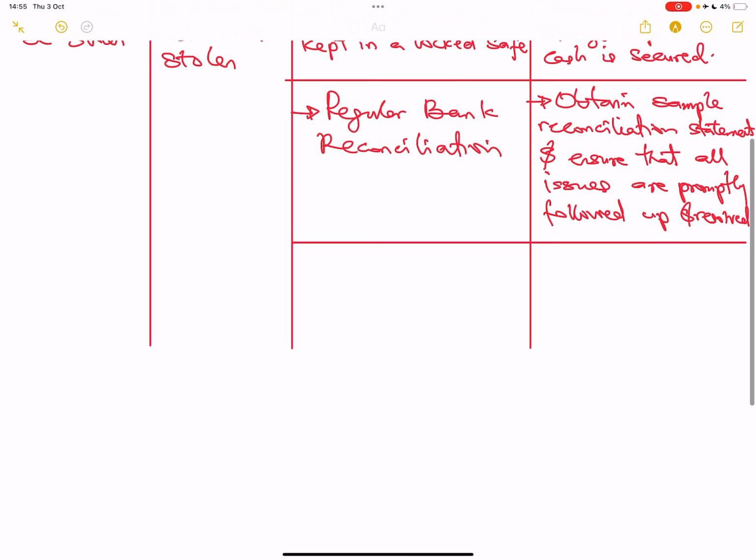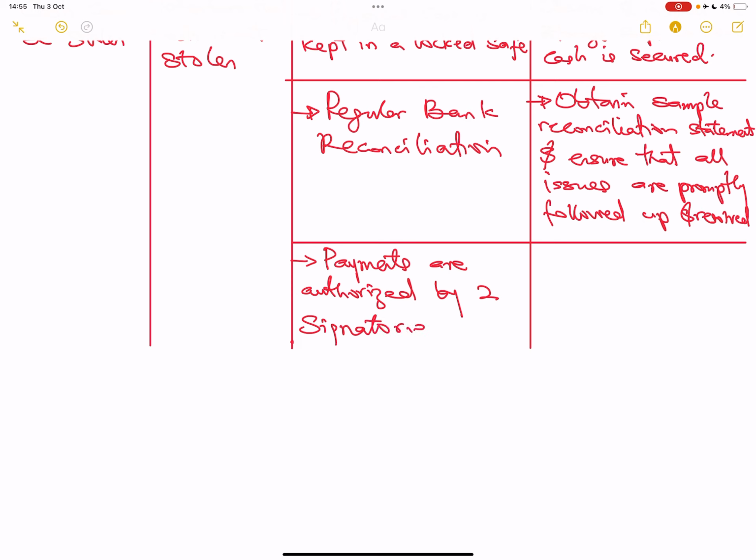And likewise, if people can just go to the bank and withdraw as they like, that's also a problem. So it's best practice that cheque payments are usually authorized by two signatories. So one person cannot just withdraw from the company's account. Two people must approve it. So auditors need to check to ensure that this exists.